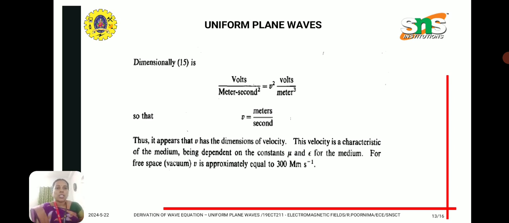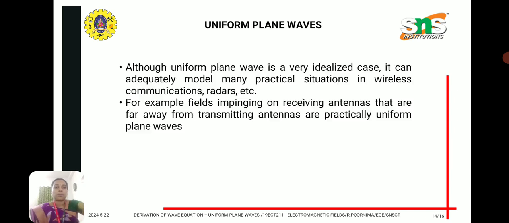This velocity is a characteristic of the medium, so it depends on the constants μ and ε for the medium, where μ is the permeability and ε is the permittivity. For free space, the velocity of electromagnetic waves is 3 × 10⁸ meters per second or 300 mega meters per second.